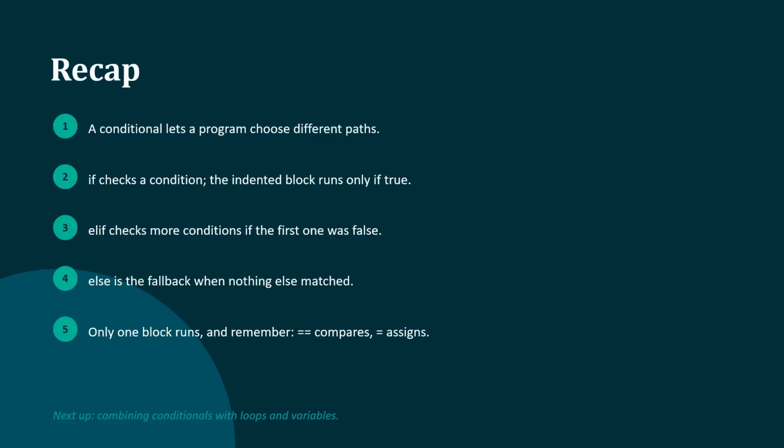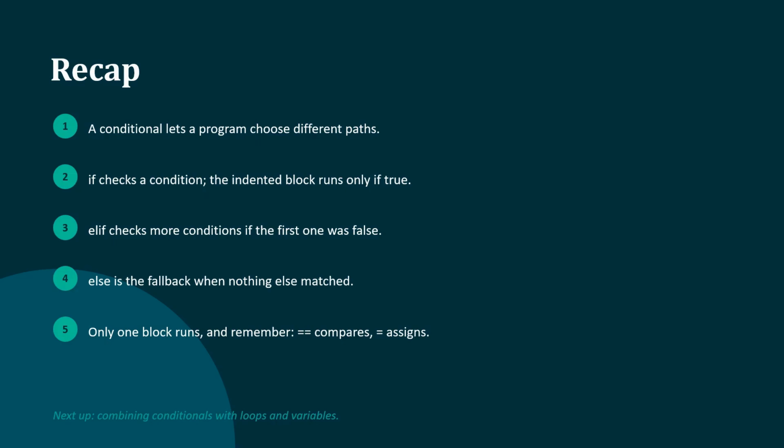Third, elif checks more conditions if the first one was false. If the first one was false, it checks the next one, and the next, and goes on as long as we have elif. If none match, then it prints the else one.